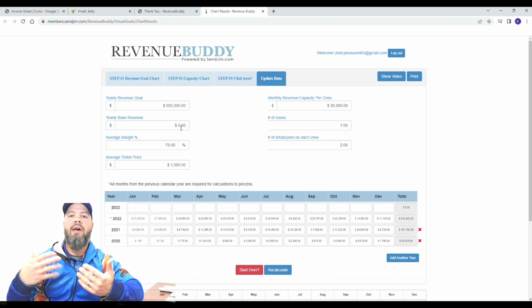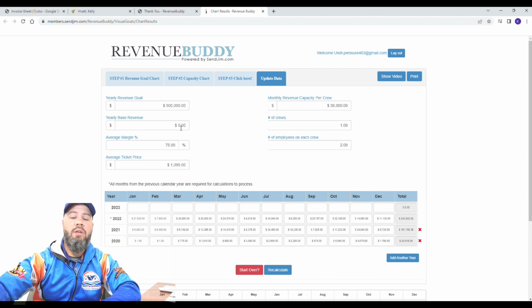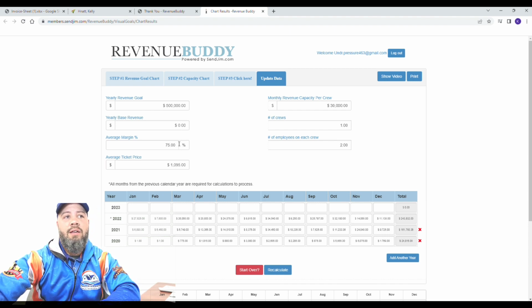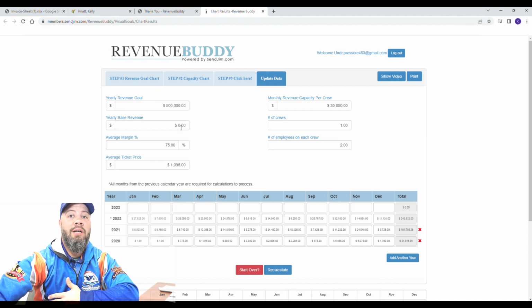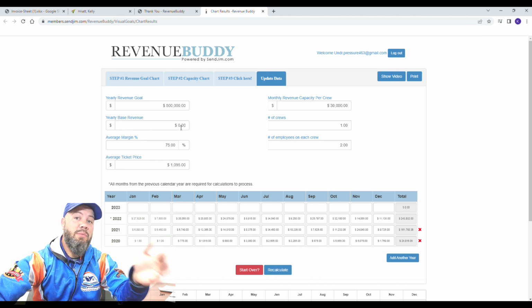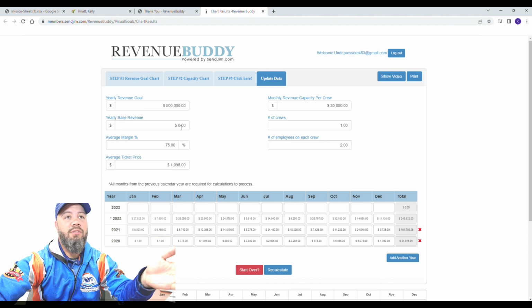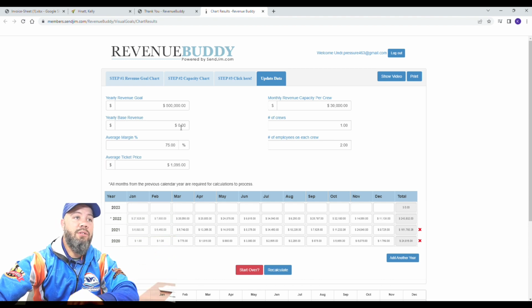Now, yes, we have a previous customer base that we use, but as far as guaranteeing them, we could probably ballpark that number, and say 20% of our last year's base may come back as repeat customers. We could do that if we wanted, but just for simplicity, we put no yearly base revenue, depending on your business.